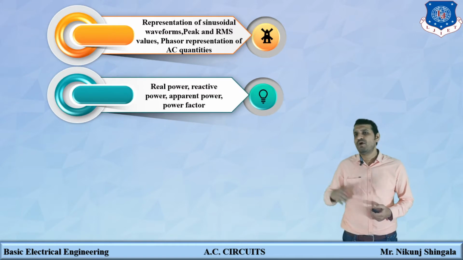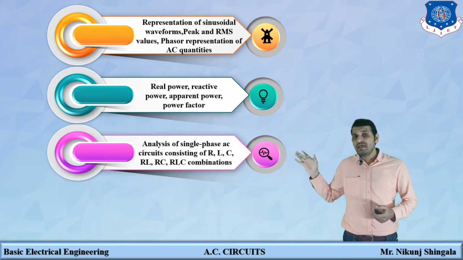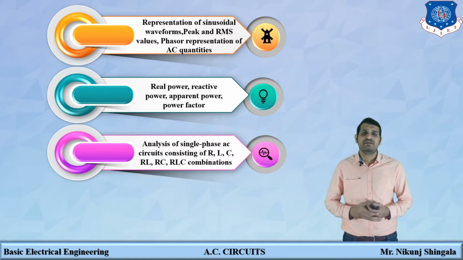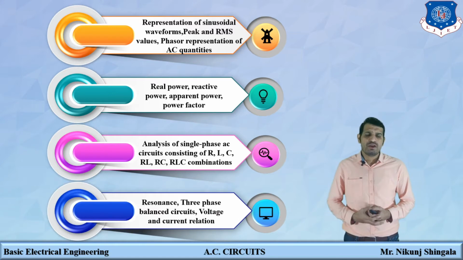Then you will also learn about the different powers, that is real power, active power, apparent power and power factor. Then analysis of single phase AC circuit, the circuit which consists of only resistor, only inductor and only capacitor, and combinations of RLC, that is RL series circuit, RC series circuit and RLC series circuit and parallel circuit. And you will also learn about resonance, series resonance and parallel resonance.